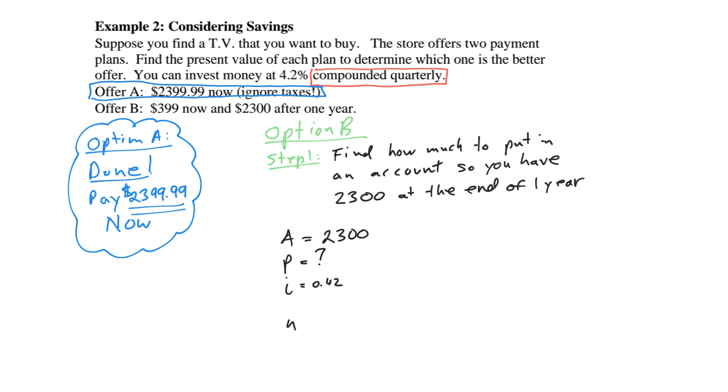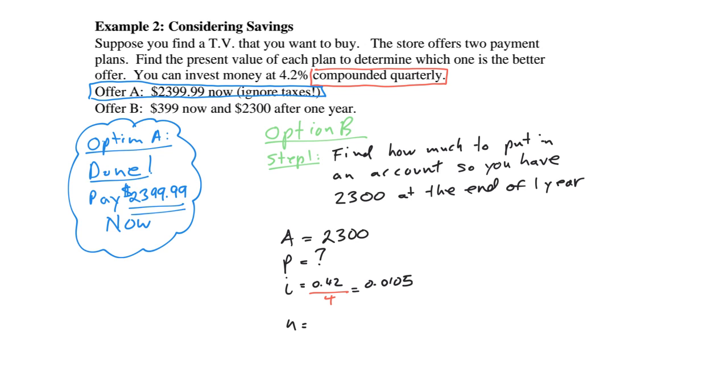Okay, and then remember, it's compounded quarterly. So if we have quarterly, we have to divide 0.42 divided by 4. And that gives us an exact number of 0.0105. Now for N, we need to figure out what N is.